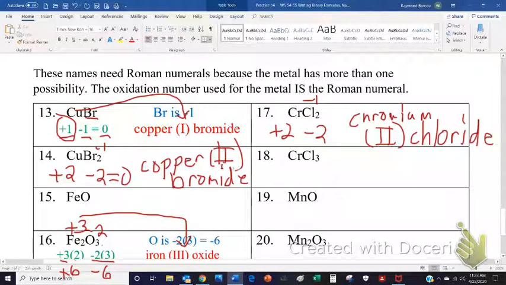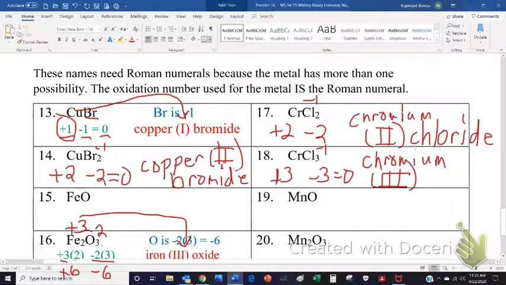And I know I don't have the greatest handwriting on this. All right, number 18. Since chlorine is -1 3 times, that's -3. That means chromium has to be +3 to give us the 0. That means this is going to be chromium, and because the oxidation is +3, we call it chromium 3 chloride.